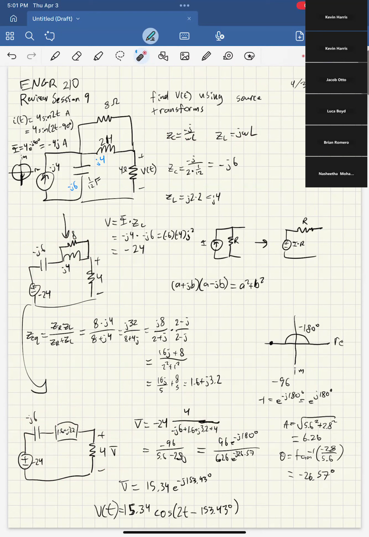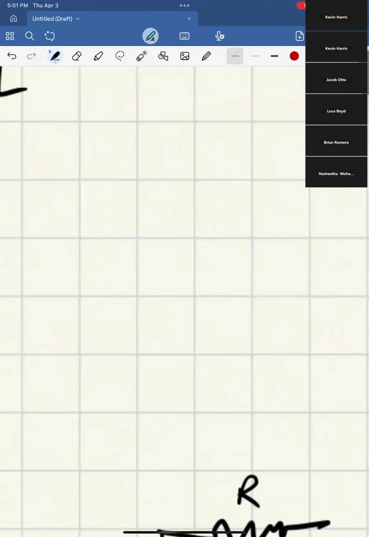Why is it negative 180 instead of 180? It does not matter, it's exactly the same thing. It's just the answer key I currently have pulled up uses a negative 180. If you were to use positive 180, right? So let me zoom in here.